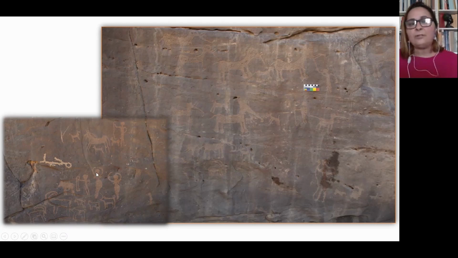These are a common representation for the pre-dynastic period, particularly well known in pre-dynastic pottery, but quite unique in rock art. But then you have also scenes like this one with a herd of elephants, which is quite unique. So you can find elephants depicted in pre-dynastic, early dynastic rock art, but not in this way.